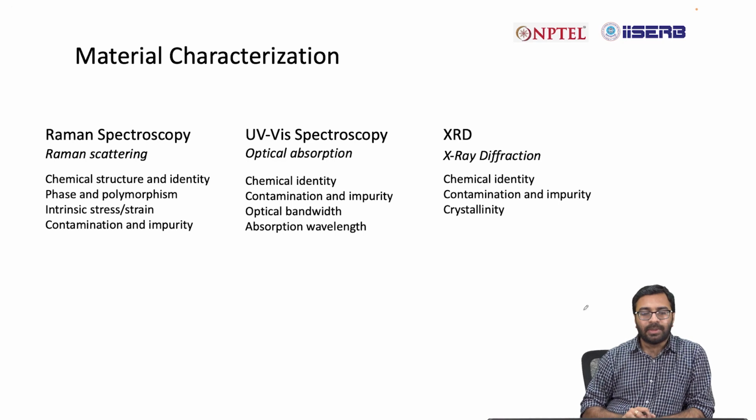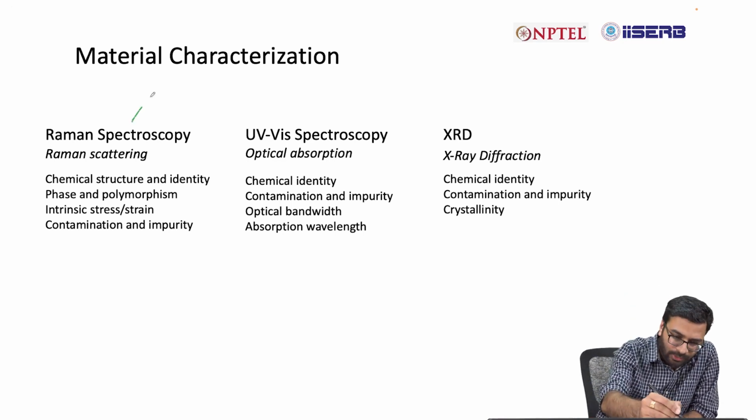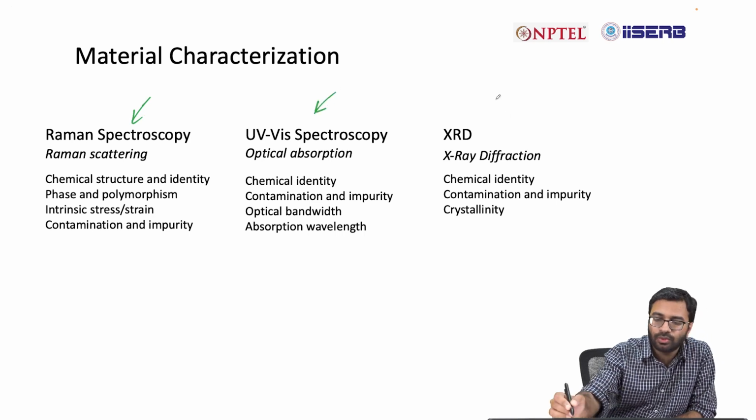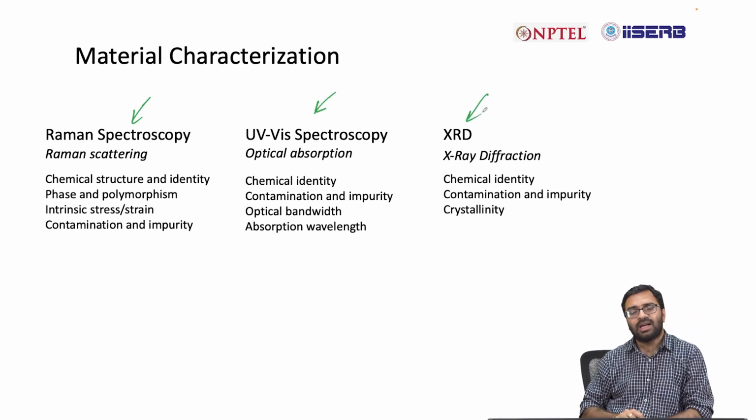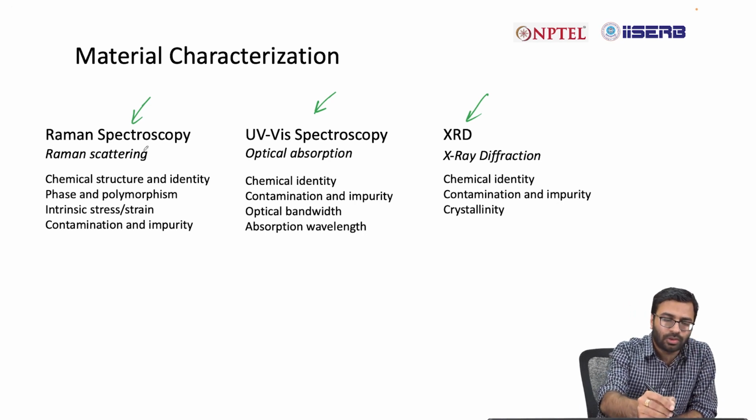Now there are different material characterizations also. For example, Raman spectroscopy, UV visible spectroscopy and XRD. These are widely used material characterization techniques for sensor applications. So in case of Raman spectroscopy, it works based on Raman scattering.